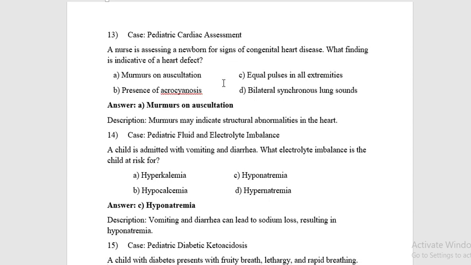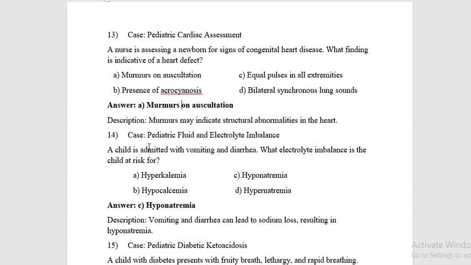A, murmurs on auscultation. B, presence of acrocyanosis. C, equal pulses in all extremities. D, bilateral synchronous lung sounds. The answer is choice A.